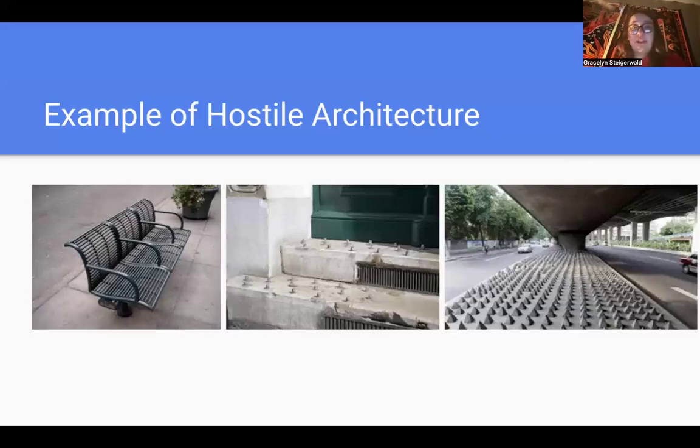So there is really no purpose for the spikes other than to attack the homeless citizens' shelters. As typically this picture isn't a great representation, but typically underneath of a bridge is pretty much out of the eyesight from the public.